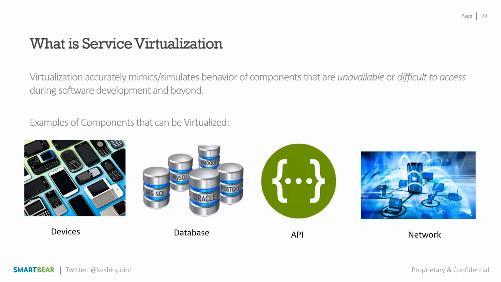So virtualization essentially allows you to virtualize that third-party dependency, and during your development or testing process, you can have a virtualized service that mimics the behavior of the Google Maps application. This is just one example, of course.